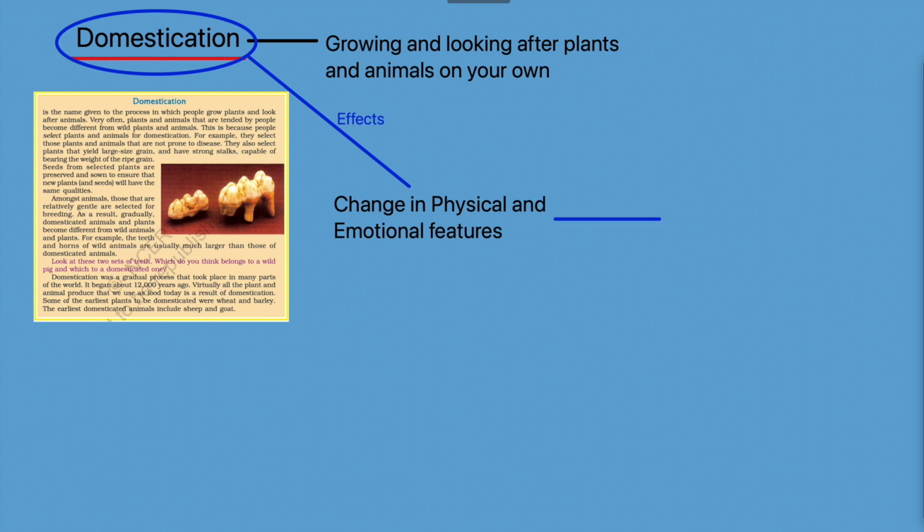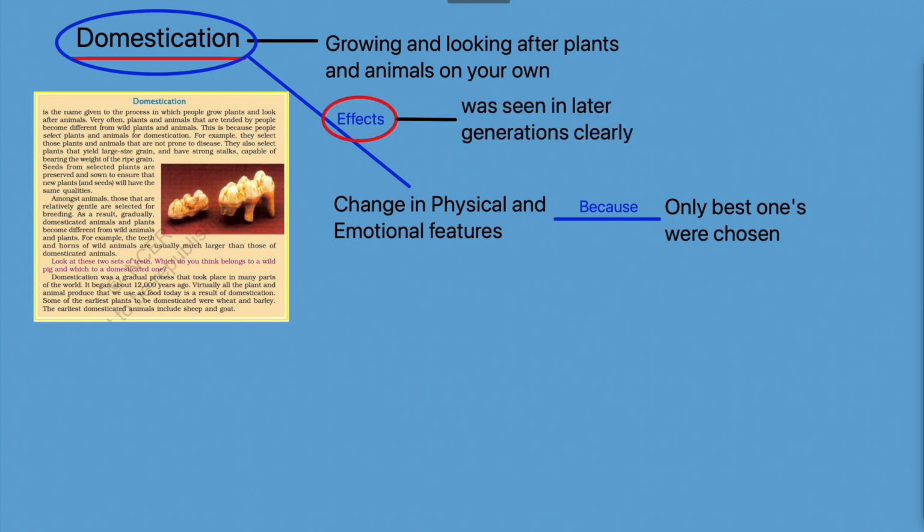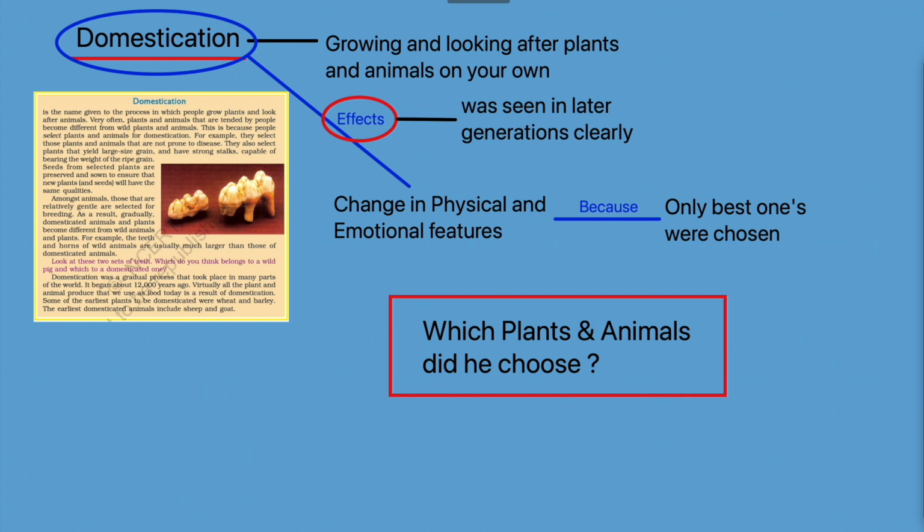And this is because they always chose which plant to grow and animal to domesticate. They always chose the best ones, and over a period of time, the later generations of that animal or plant became quite different from the wild ones. For example, the ancient human always chose only those plants and animals which were not prone to disease.